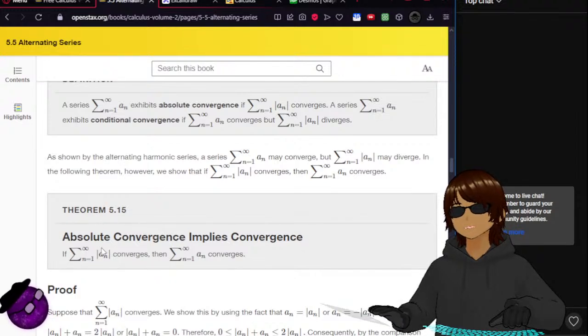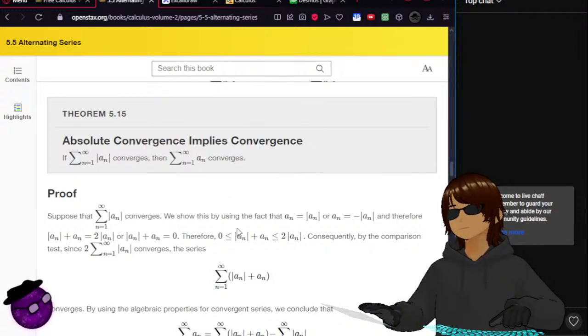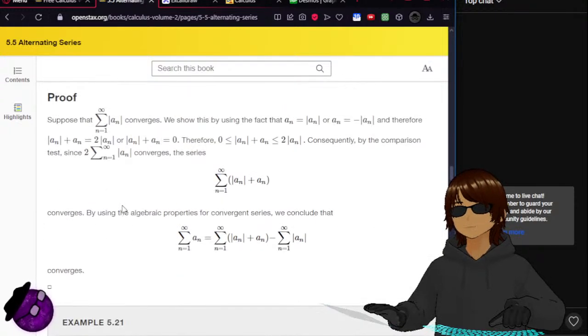Absolute convergence: if the modulus converges, then an converges. Okay, this I can understand. Yeah, actually I can understand this.